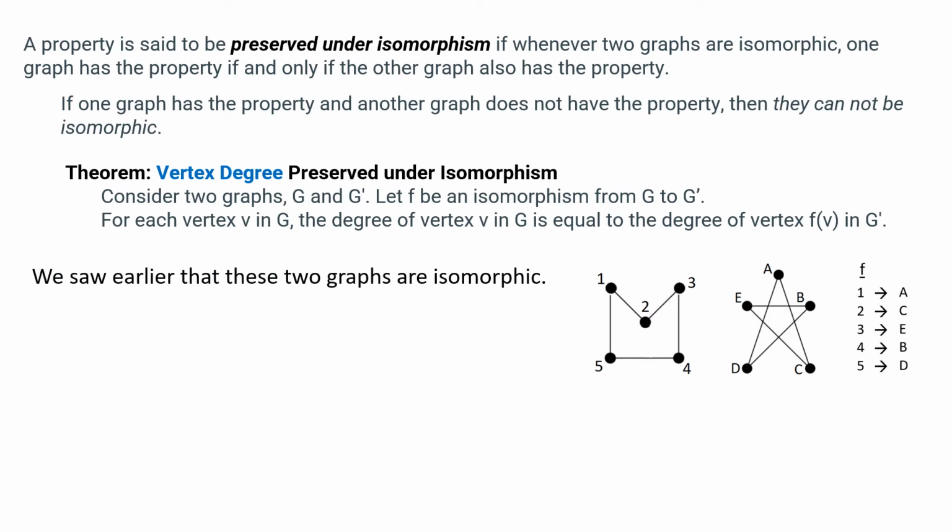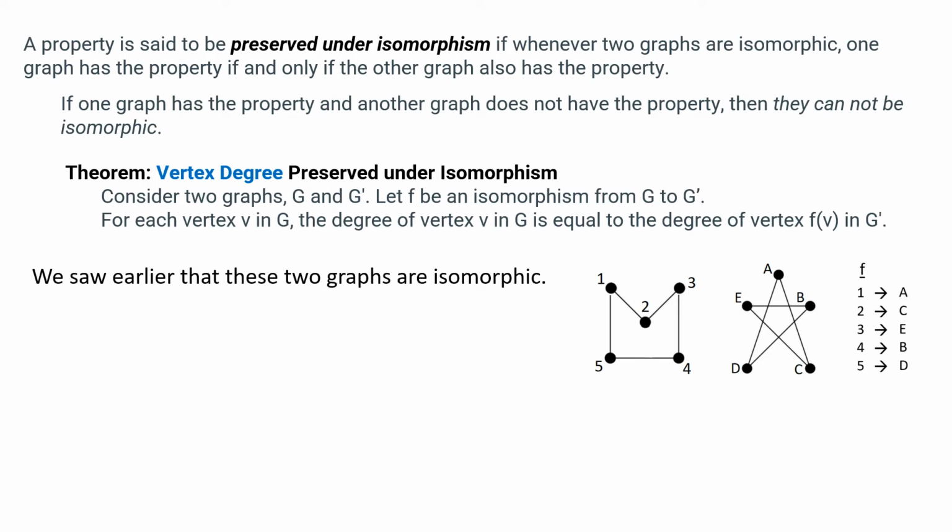So here are two graphs, and this was the correspondence that we found. If we take a look at the first graph, we can make the observation that each vertex in the first graph has a degree of 2. Then we can look at the second graph and see each vertex also has a degree of 2.